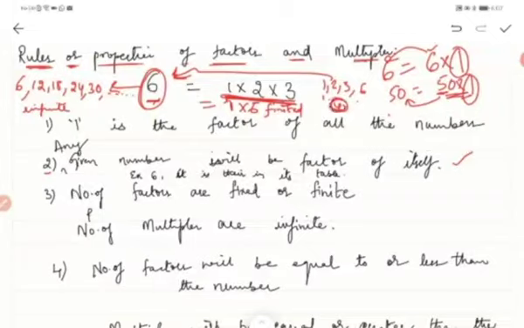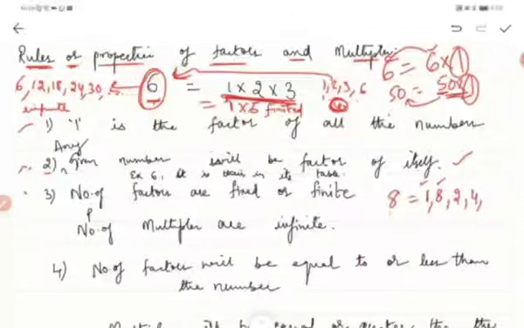In the same way, if you take 8, what are the factors I can get for 8? You can take 1 and 8 itself. Every number will have the factors 1 and itself, right? Those are the first 2 points. And next, it comes under which table? 2 table you have, isn't it? 3 table you don't have 8. 4 table, yes, you have.